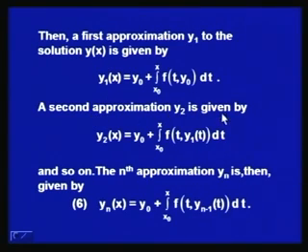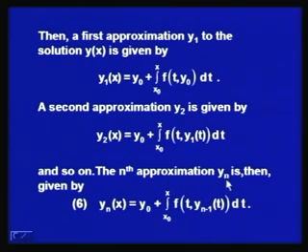Second approximation y2 is then obtained from y2(x) equal to y0 plus integral x0 to x f(t, y1(t)) dt. So, we use the value of y1(x) to determine the next approximation y2(x), and so on we continue.